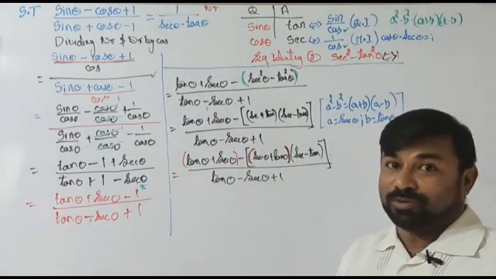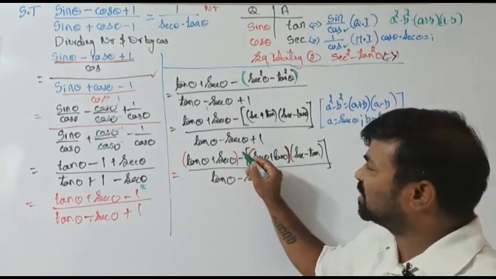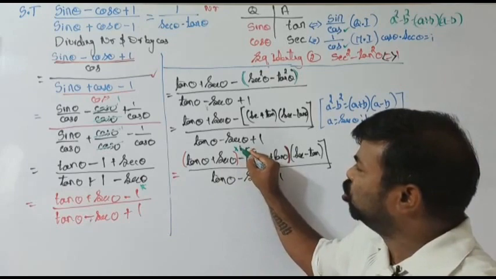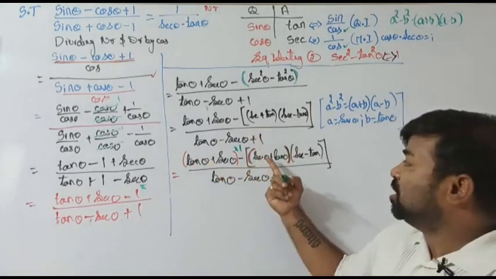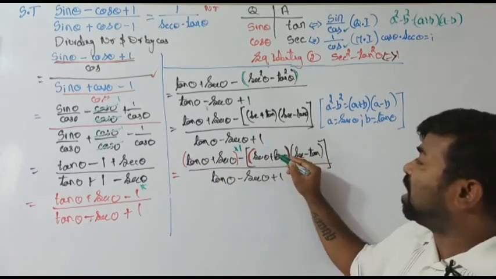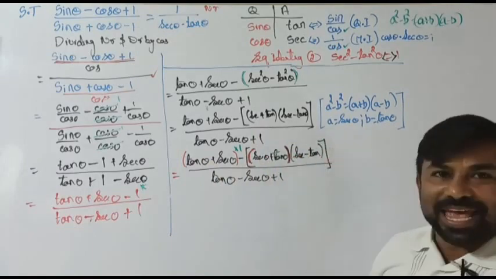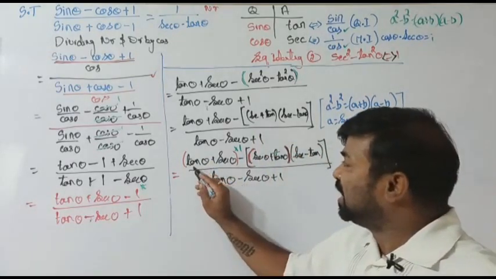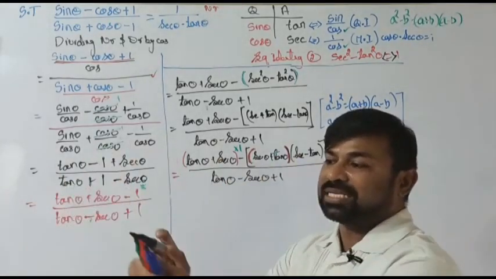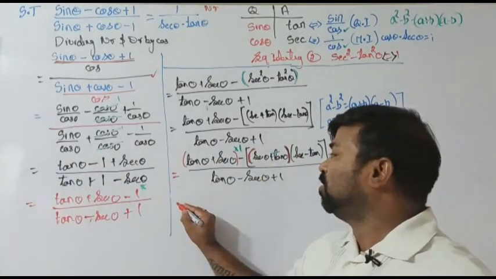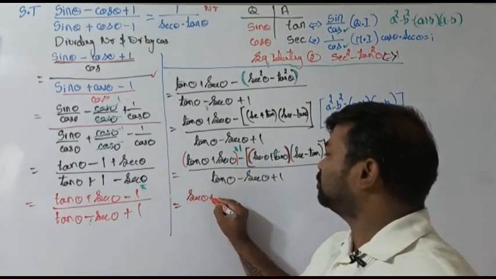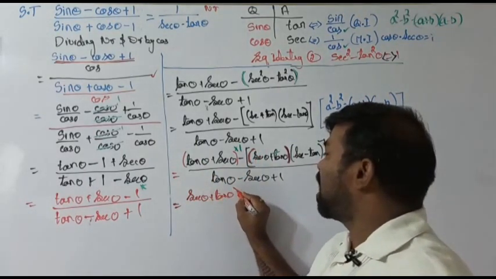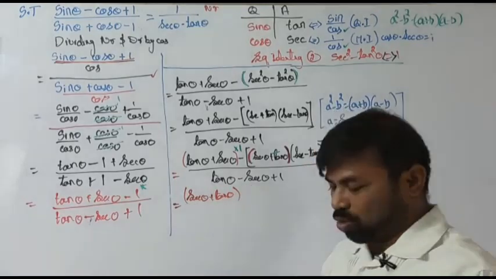So what I am doing, secant theta plus tan theta, can I consider it as into 1? Yeah, secant theta plus tan theta into 1. Here also secant theta plus tan theta, of course, some into is already there. So I am taking it as common. I pulled it out. So this is secant theta plus tan theta, I pulled it out.